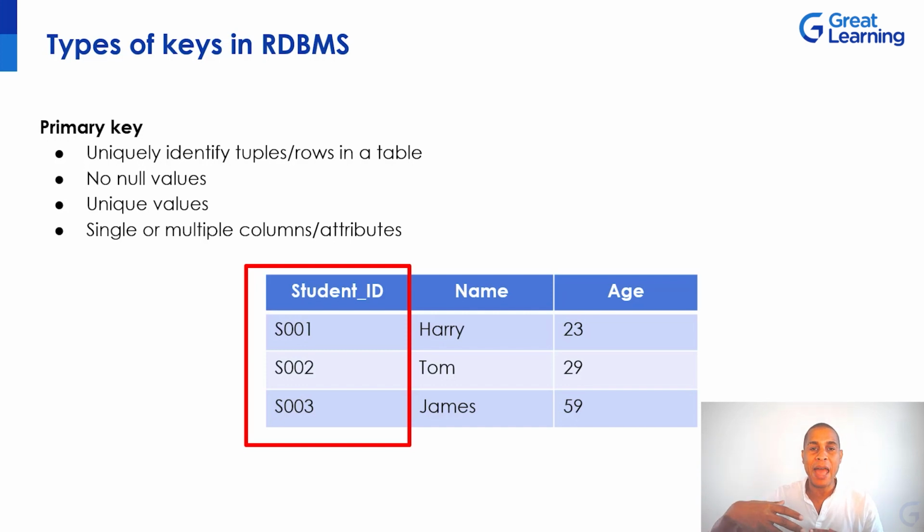But let's imagine that that table expands to several thousand students. More than likely, if you're in America or the West, you're going to see multiple Harrys, or multiple Toms or Jameses, because those are very common names. So it would not make sense to use that column as a primary key because it does not fit the specification. It's not unique, because it can be duplicated.